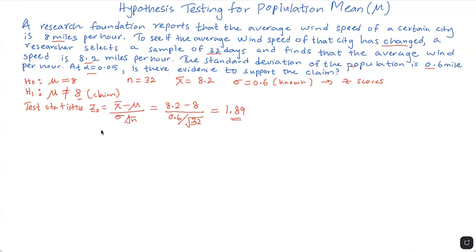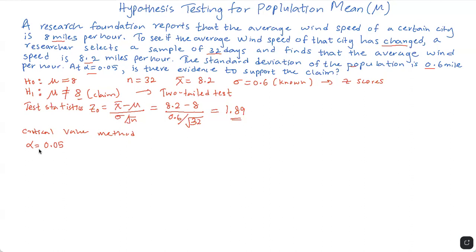So in this problem, I'm going to use the critical value method and the p-value method to find the decision of this testing. So let's look at the critical value method. We have to look at the alpha value here, 0.05. So this is a two-tailed test.